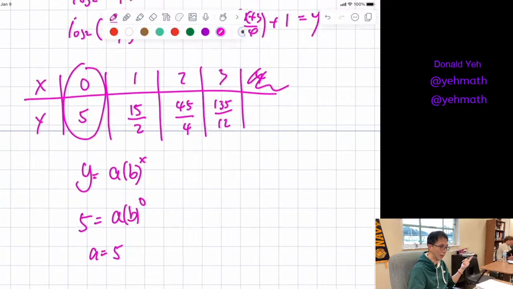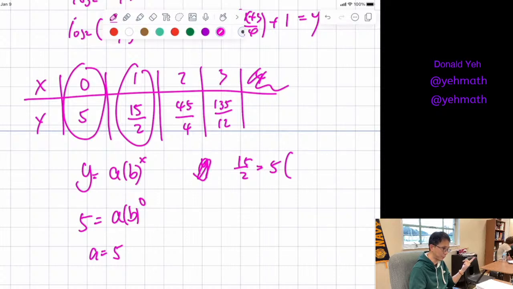Now I'm going to plug in the second coordinate. I'm going to plug in 15 over 2, and that's equal to 5, because 5 we already found out, right? What B is, we don't know. And then to the x. Does that make sense?